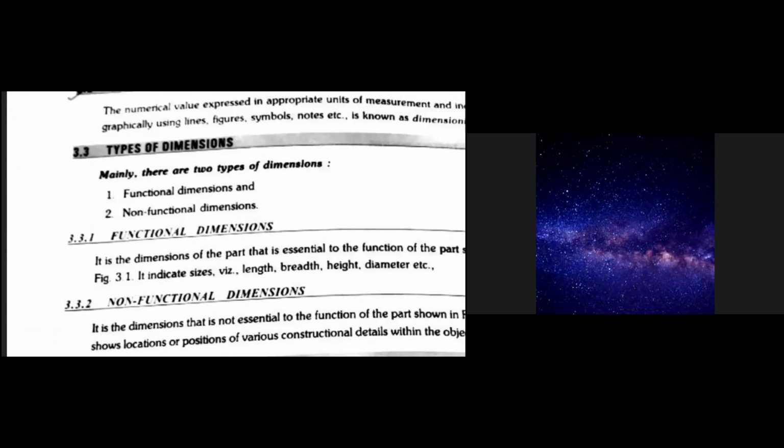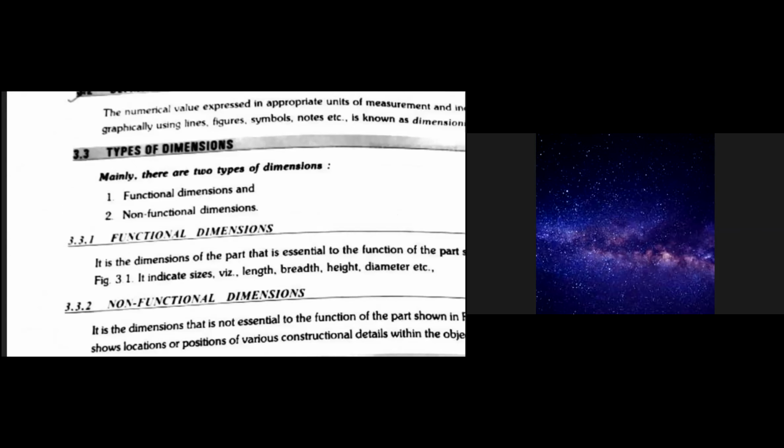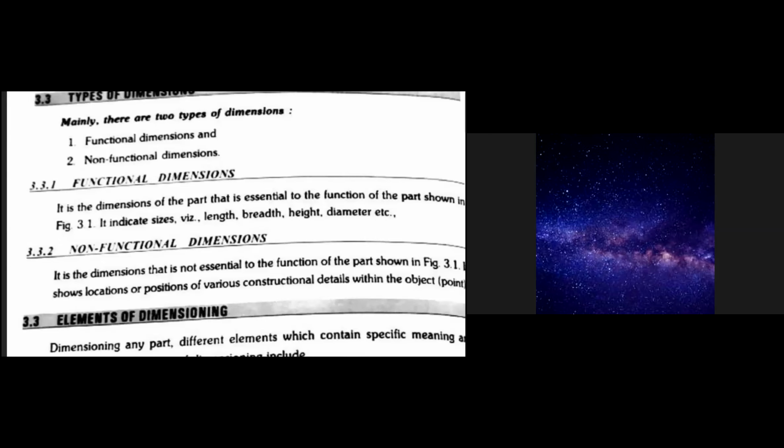Here, dimensionings are mainly of two types: functional dimensioning and non-functional dimensioning. Functional dimensioning gives the dimensions of the part that are essential to the function of the part, as shown in the figure. It indicates its sizes, that is length, breadth, height, diameter.